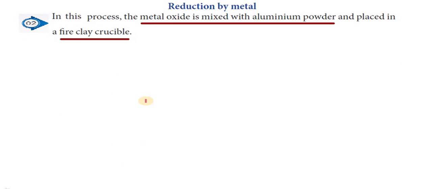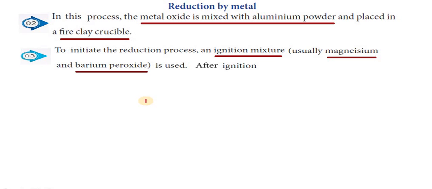Point number 2, in this process the metal oxide is mixed with aluminium powder and placed in a fire clay crucible. Point number 3, to initiate the reduction process, an ignition mixture, usually magnesium powder and barium peroxide, is used.